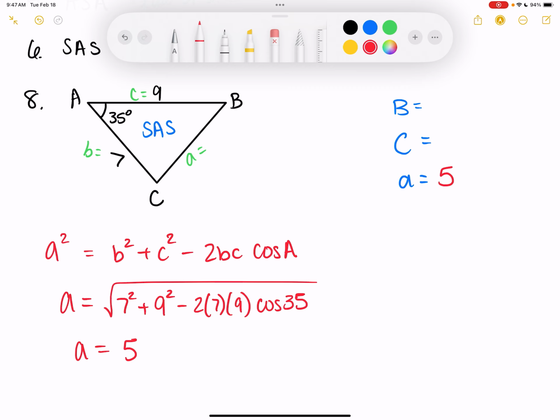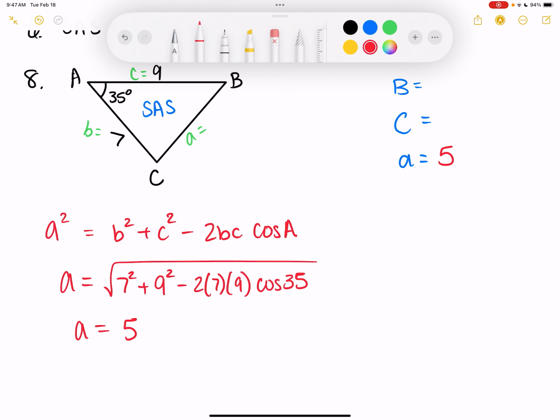That doesn't mean that this problem is a law of sines problem, but I can switch and use that now because I now have another side length, and so I technically have another situation with given information, quote unquote, that works for law of sines. So I would switch to law of sines.